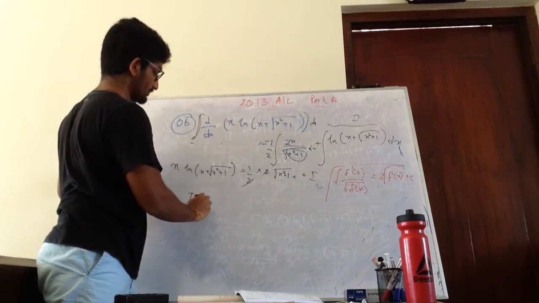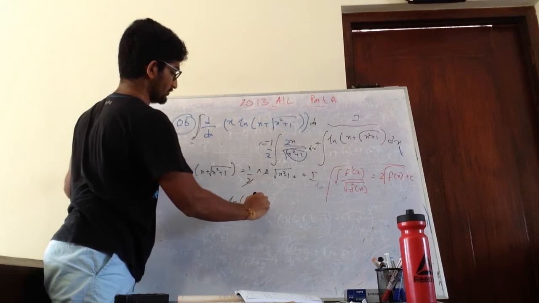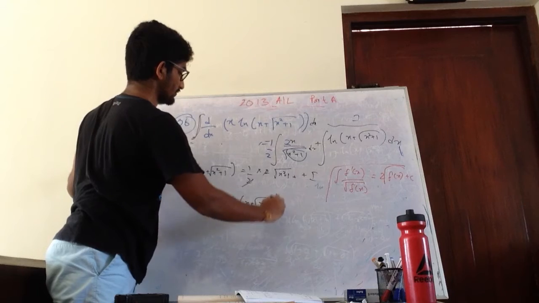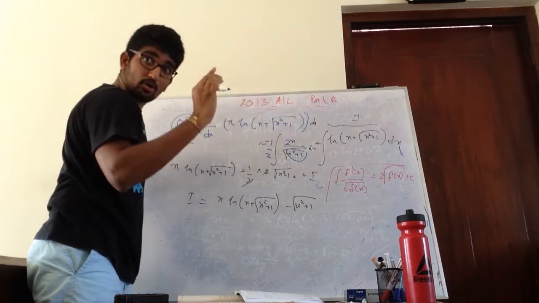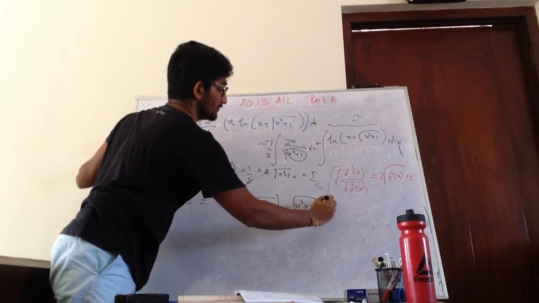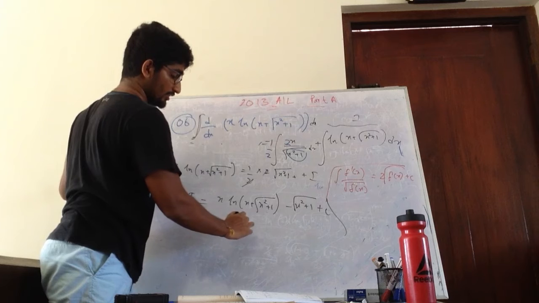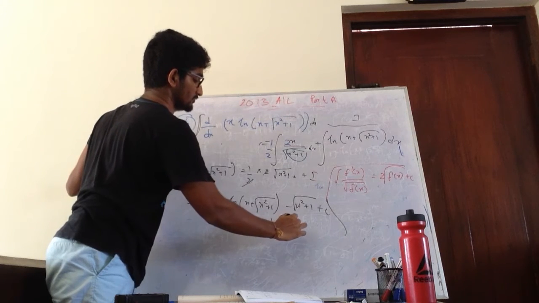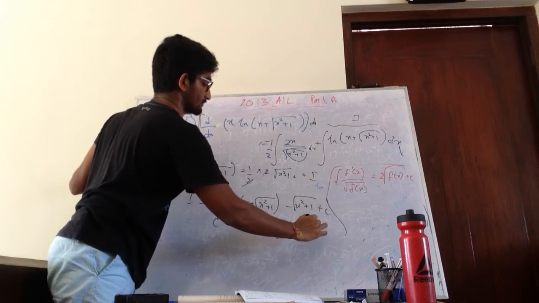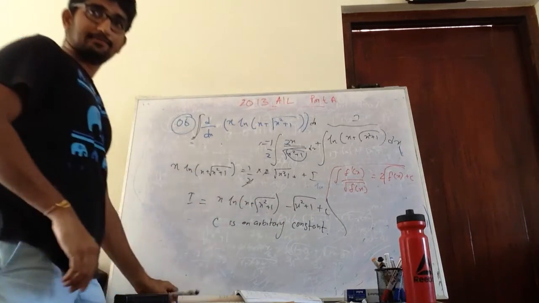So I becomes x ln x plus square root of x square plus 1 minus square root of x square plus 1. And always put the c, right? So c is an arbitrary constant.